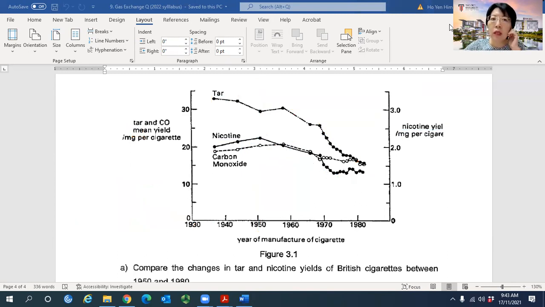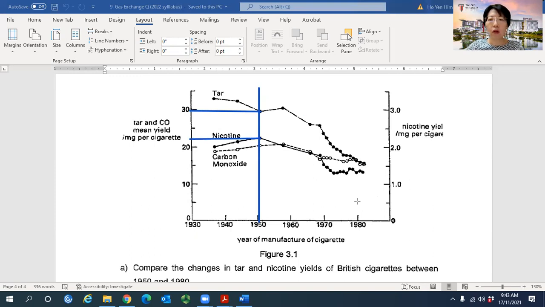For the second mark, you need to indicate a pair of figures for tar and nicotine, both of them, from 1950. So you need to read accurately from here. The first one is wrong. This one must be totally vertical. Why is 1950 not 1951? Yes, this is totally vertical. Correct. So for nicotine, you must read from here.